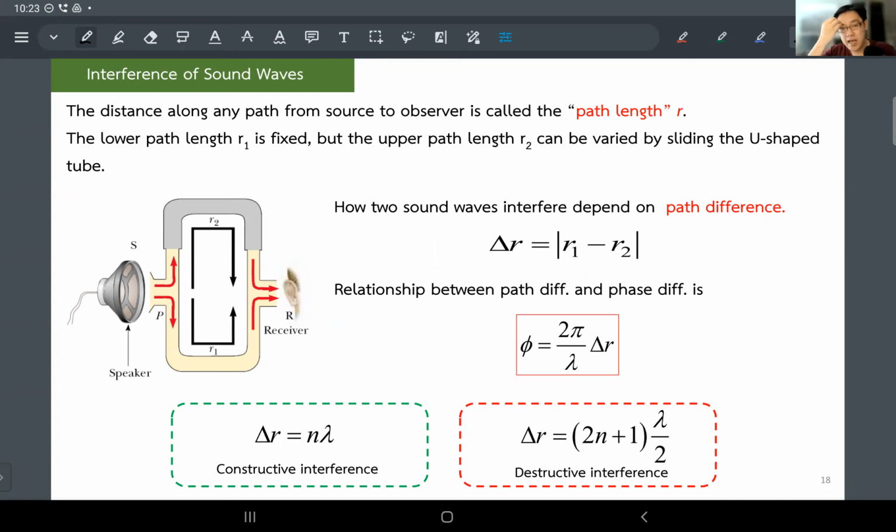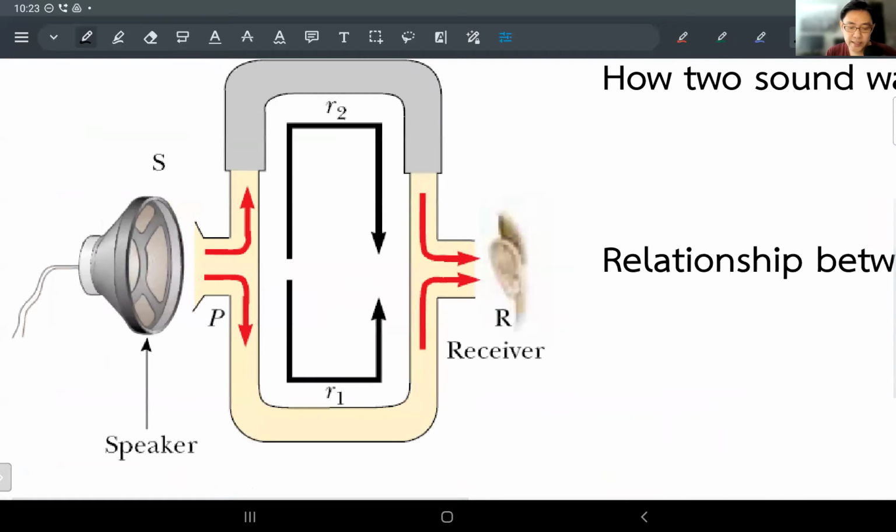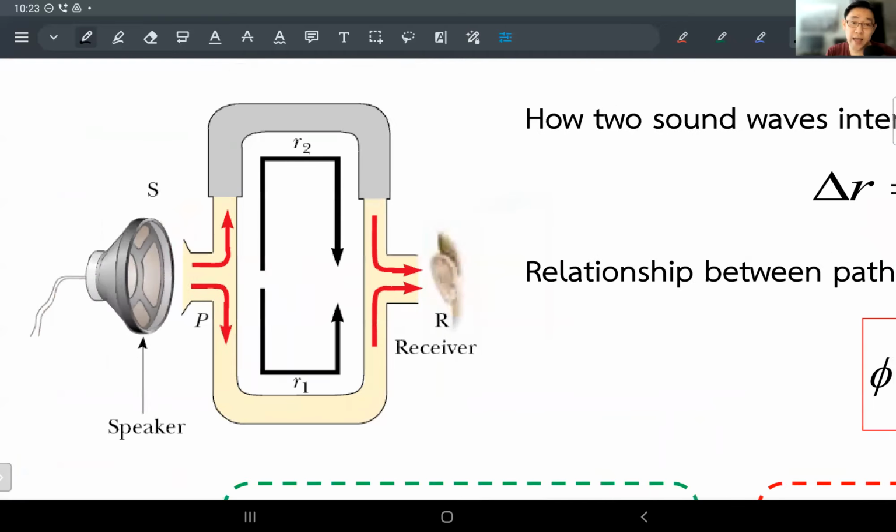So I will give you a scenario. What could happen in real life? Here, the textbook used this setup, which may be a little weird for you, but it's very doable in the laboratory. You have a speaker. The reason I pick a single speaker is that I want to make sure the sound coming out of it is exactly identical. Now you split this speaker into two paths.